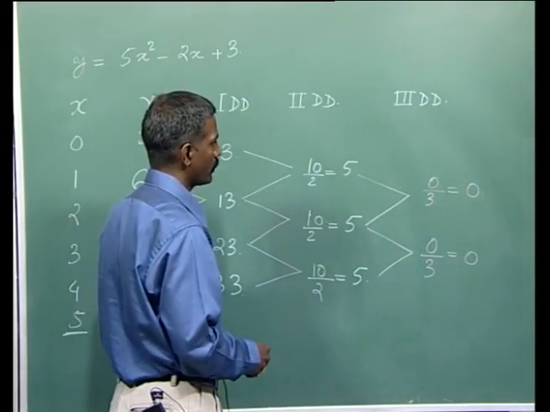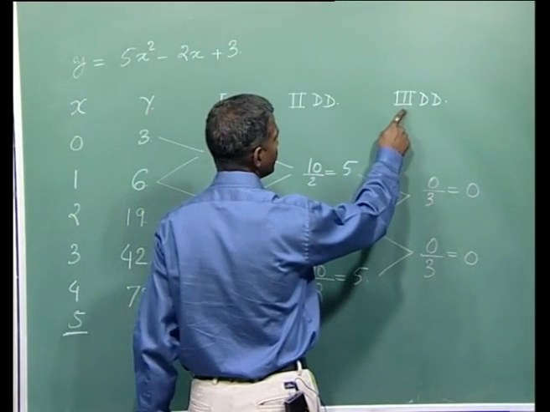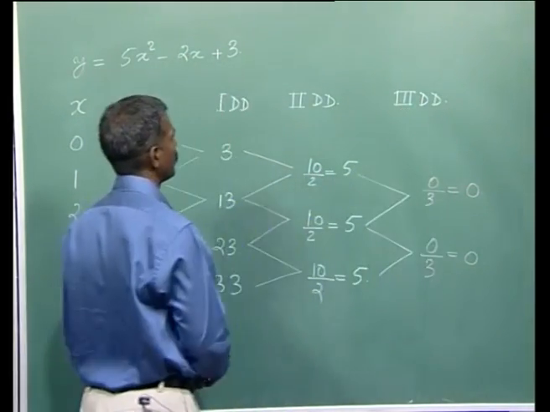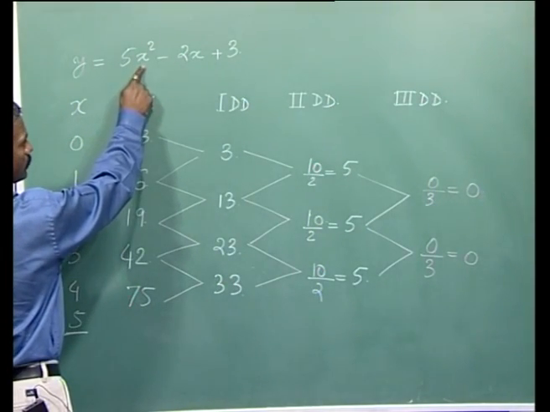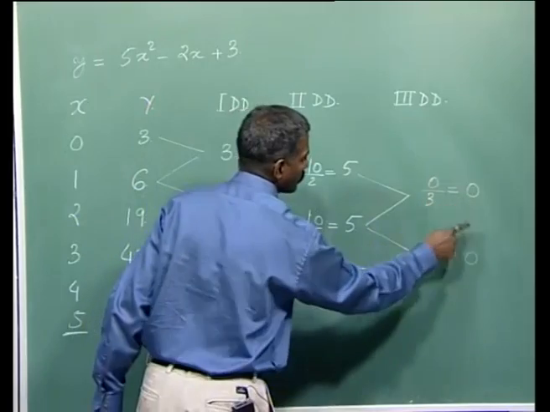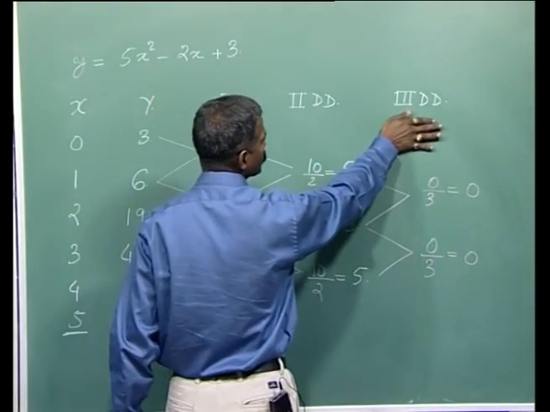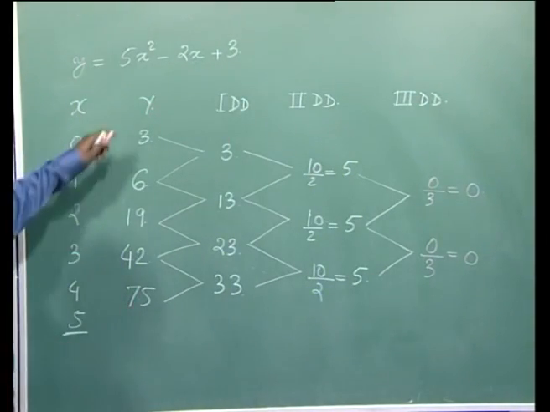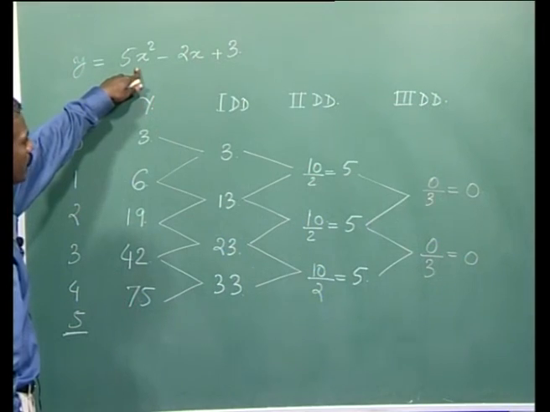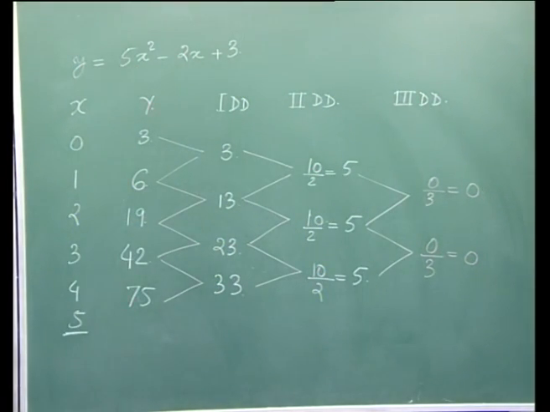What did I tell you before as well? The third divided differences corresponding to a degree 2 pure polynomial are all 0. In general, the n plus 1th divided differences corresponding to a degree n pure polynomial will all be 0. You can test it out for as many cases as you want.